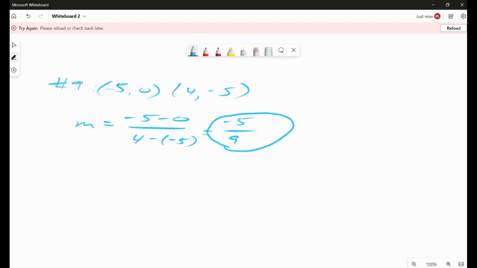So then I just pick a point. Actually, I'm going to choose negative 5 and 0 because it's got 0 in there. So I'm going to do y minus my y1, which is this one right here, and that's going to be 0, equals negative 5 over 9 times x minus my x value, which is negative 5.